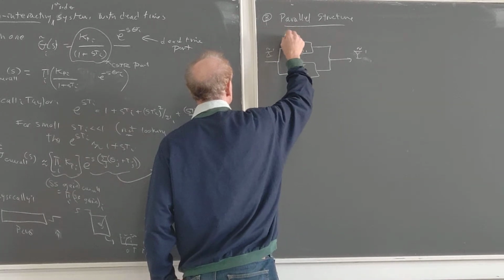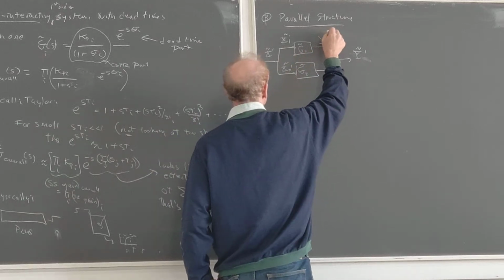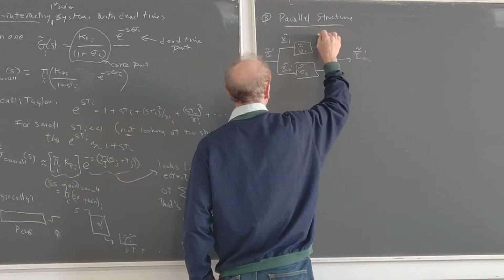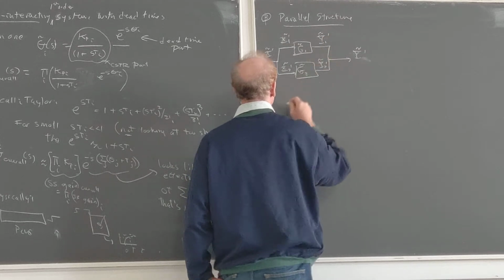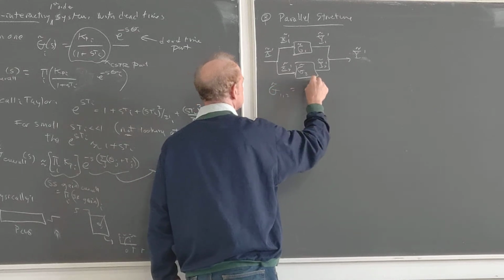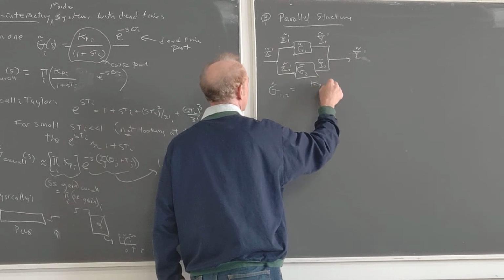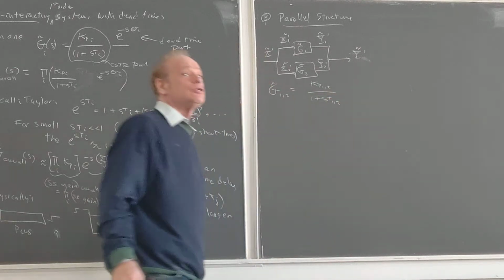x1 prime tilde, x2 prime tilde, y1 prime tilde, and y2 prime. And I'm going to assume that g1 and g2 are just Kp1 or 2 over 1 plus s tau1 or tau2. They're just first order systems.